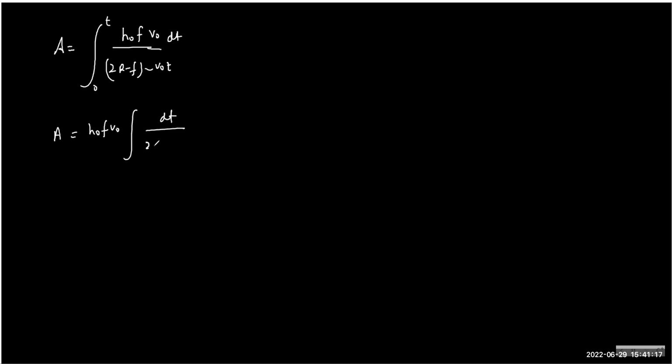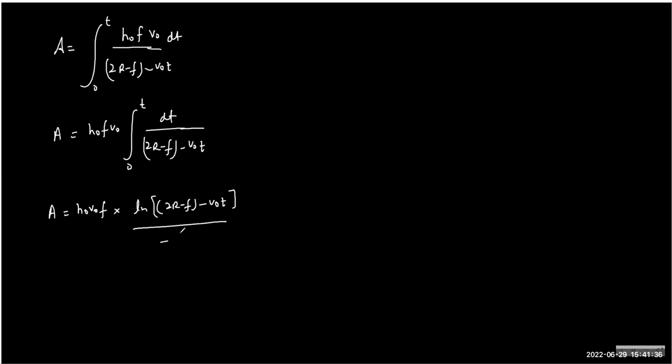This is the ln formula, right? ln upper limit upon lower limit, which is 2r.